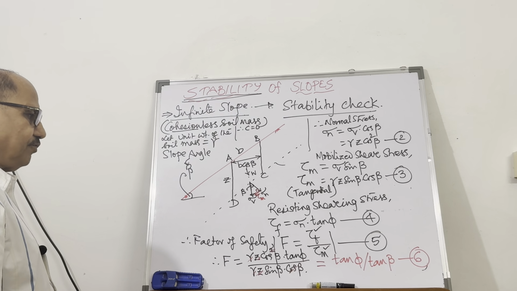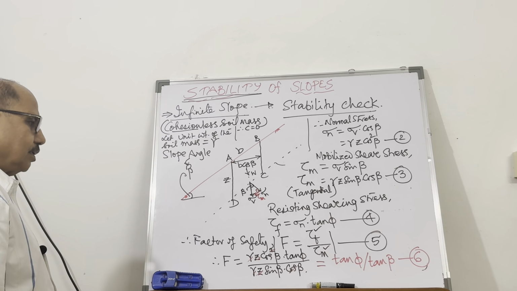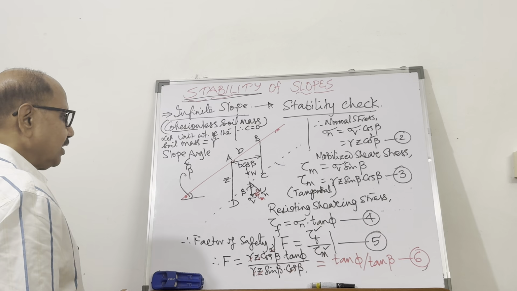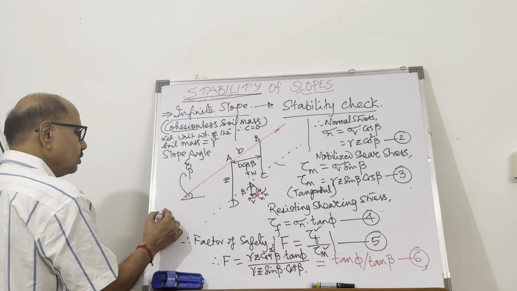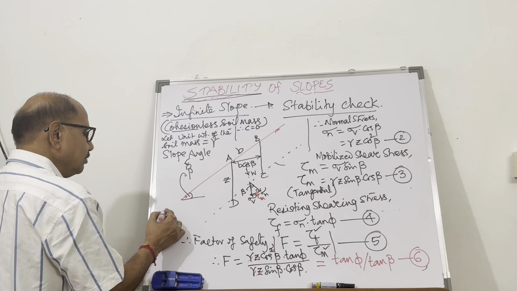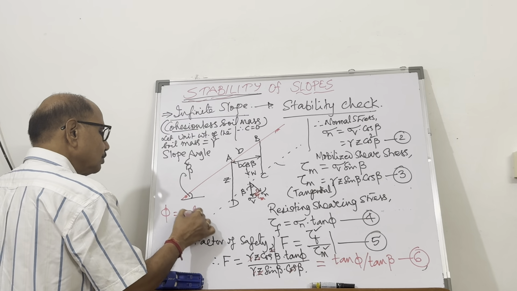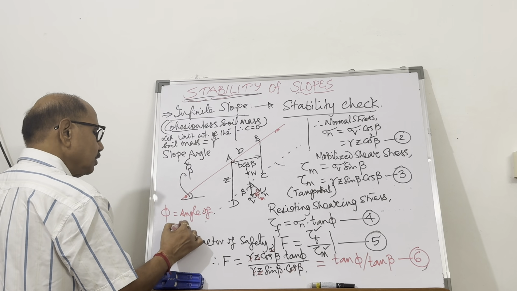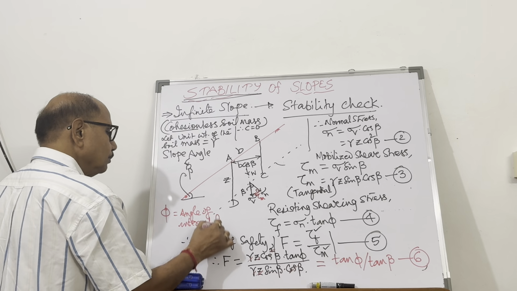So factor of safety comes out to be tan phi upon tan beta, where phi is the angle of shearing resistance or angle of internal friction.